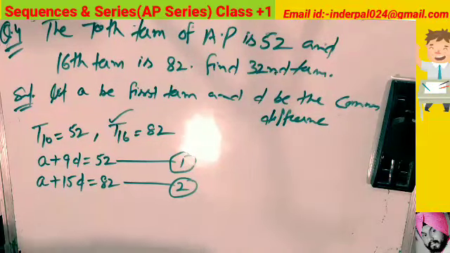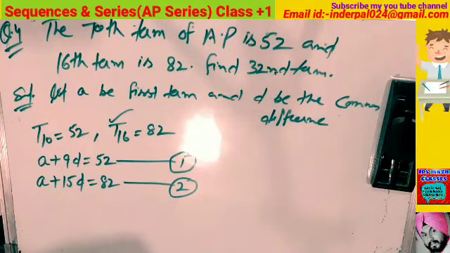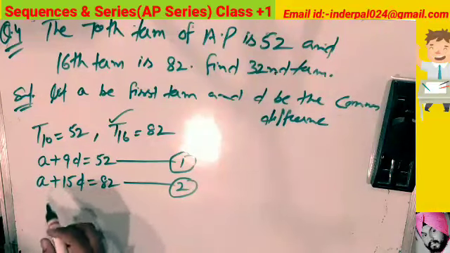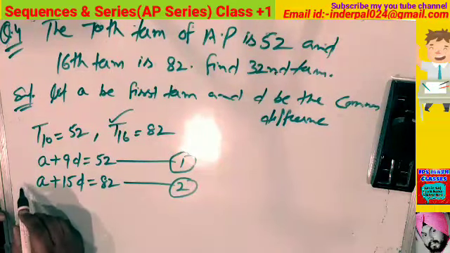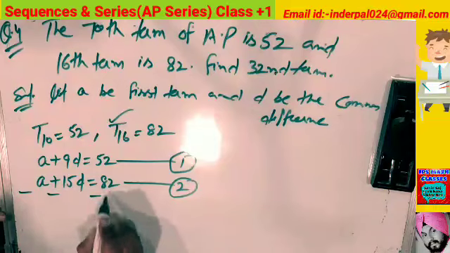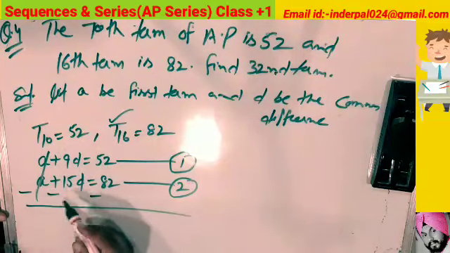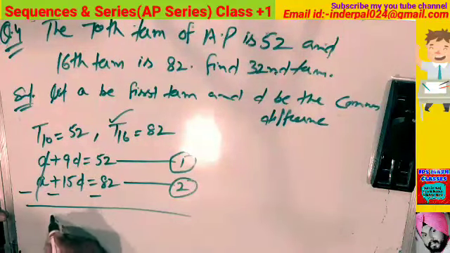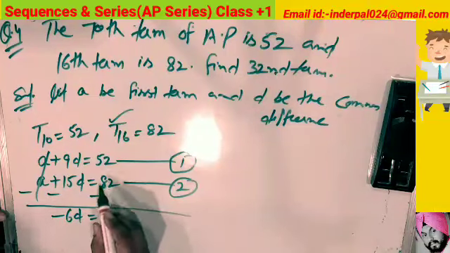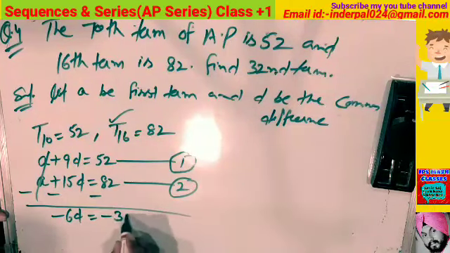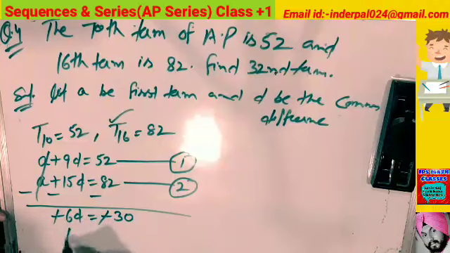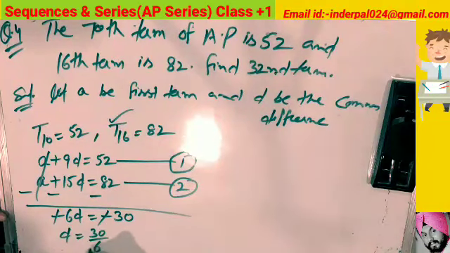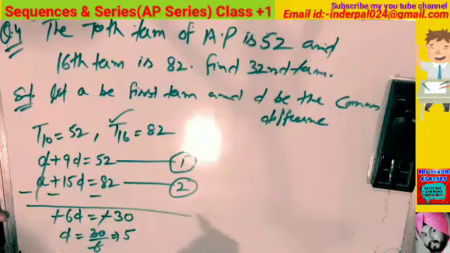Simultaneously, with the elimination method, we have to find the value of A and D. Change the sign. A is cancelled with A. 15 minus 9 is 6D, is equal to 82 minus 52, which is 30. Value of D is equal to 30 by 6, is equal to 5.